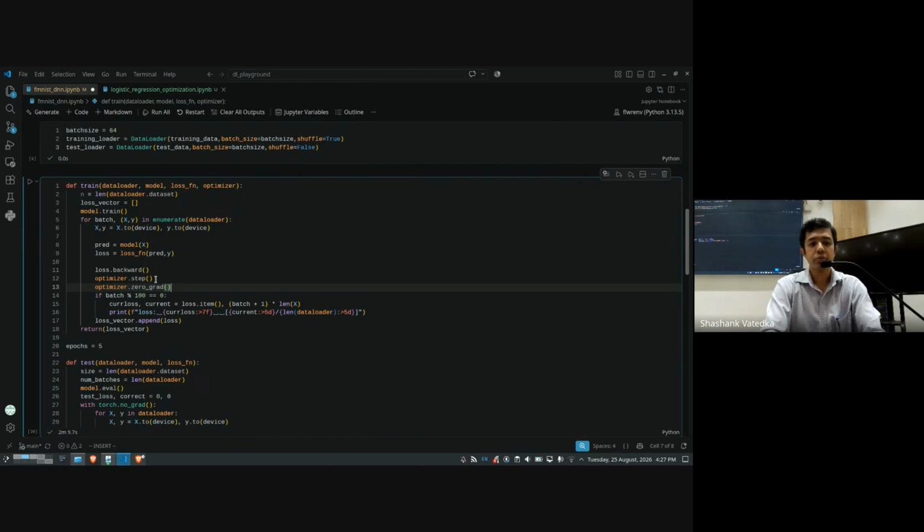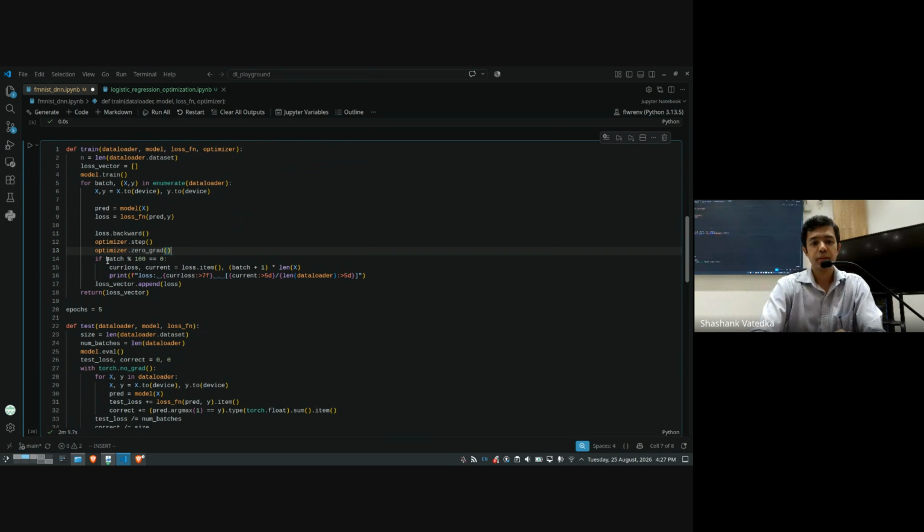Once you run one step of stochastic gradient descent or whatever optimizer, you must zero out the gradients so that in the next step you're doing things from scratch. Essentially, you're saying this is the end of the computation graph, and for the next time you have to rebuild the computation graph from scratch. Then I'm just saying that after every 100 batches, print the current loss.